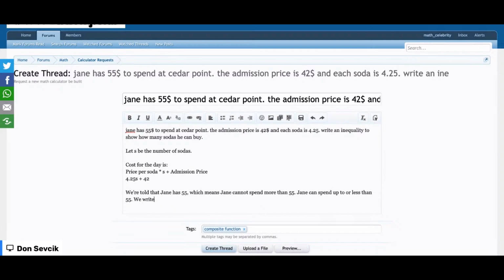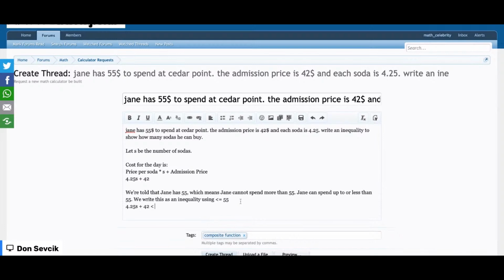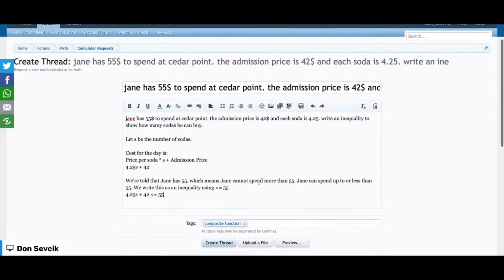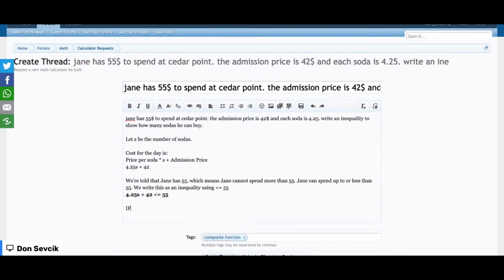We write this as an inequality using less than or equal to 55. So what we have is this less than or equal to 55. Now, this is your inequality, and by the way this problem's written, you could be asked to solve for S or just the inequality itself. So what I'm going to do is do both.